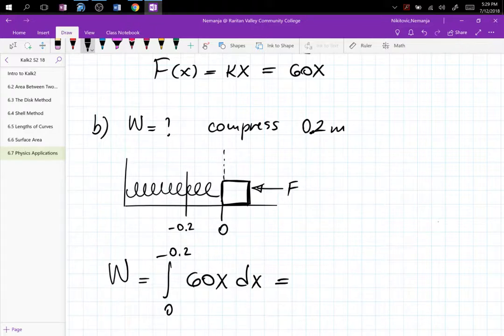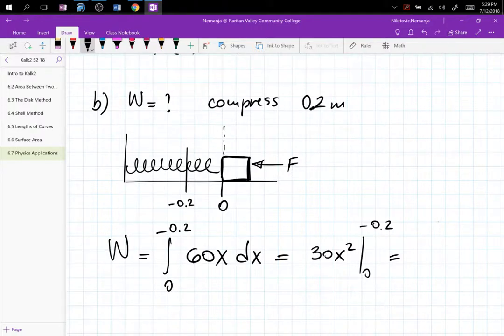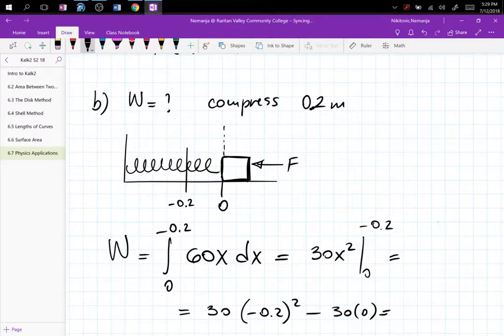We integrate this and we get 30x squared from 0 to negative 0.2. And then we plug in the values. Negative 0.2 squared is 0.04, minus 30 times 0, which is gone. So 30 times 0.04 is 12 joules, right? Everyone gets 12? Good.